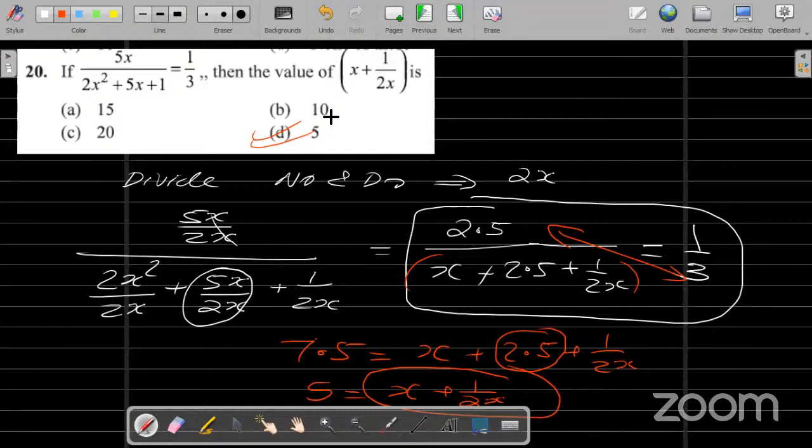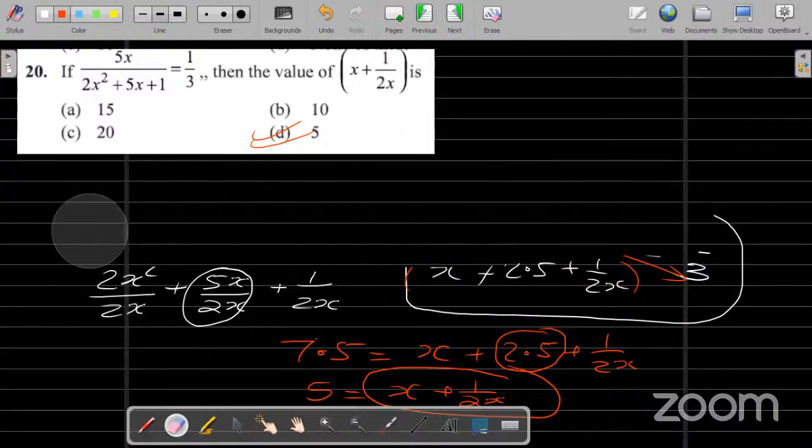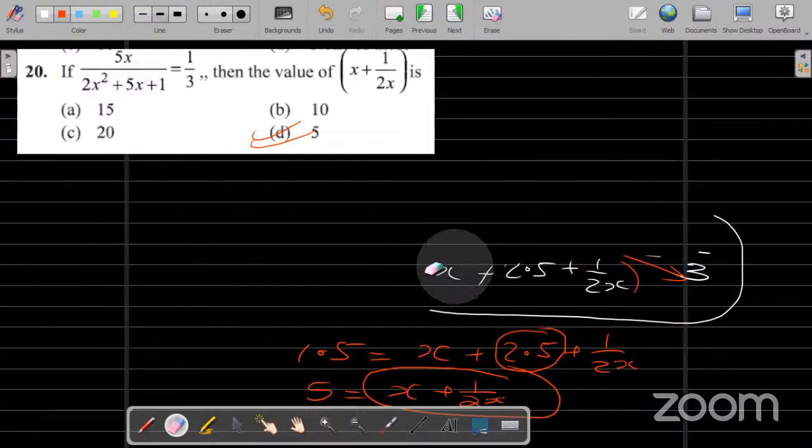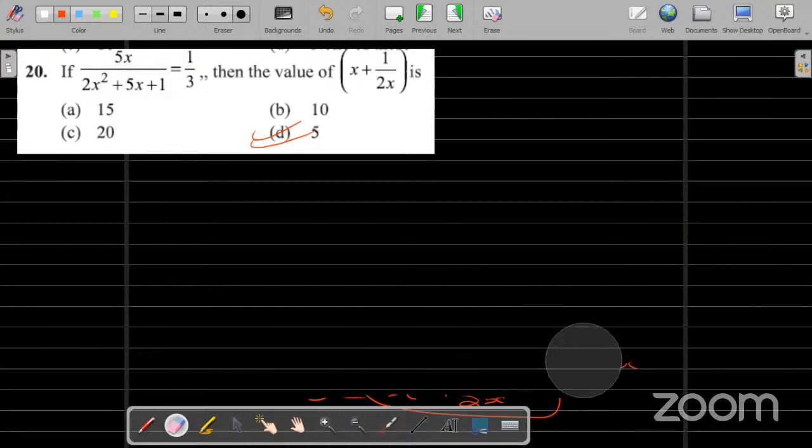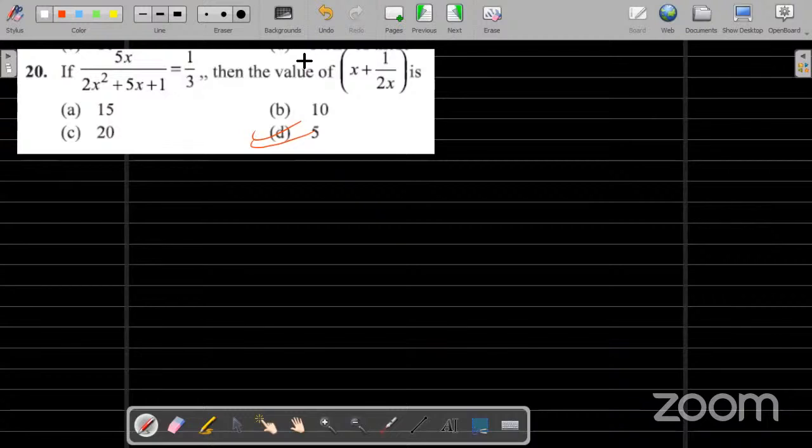Because if you are thinking of solving this for x, then you may get an imaginary answer for x. Cross multiplying and solving the quadratic equation in the proper way may sometimes give you an imaginary answer. So it is ideal to divide numerator and denominator with 2x and then solve the question.